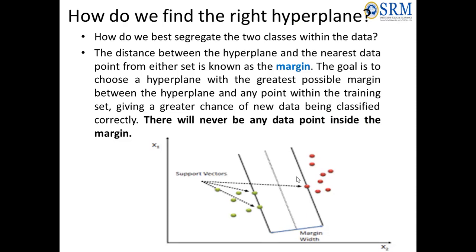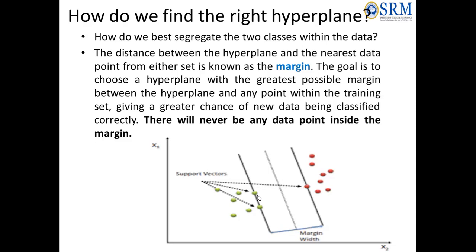Our goal is to choose a hyperplane with the greatest possible margin between the hyperplane and any point in the training set. So we find the closest point to the hyperplane, and the distance to this point is calculated. Let the distance here be 2 centimeters.